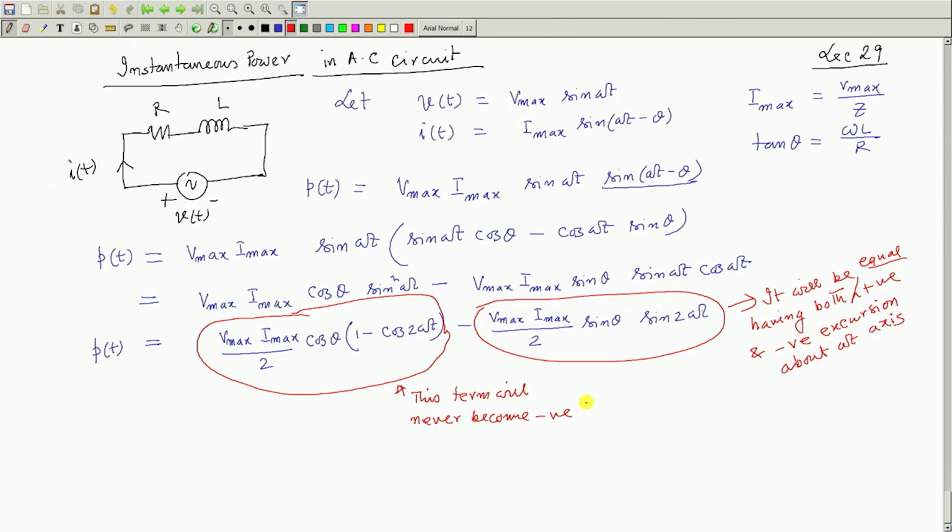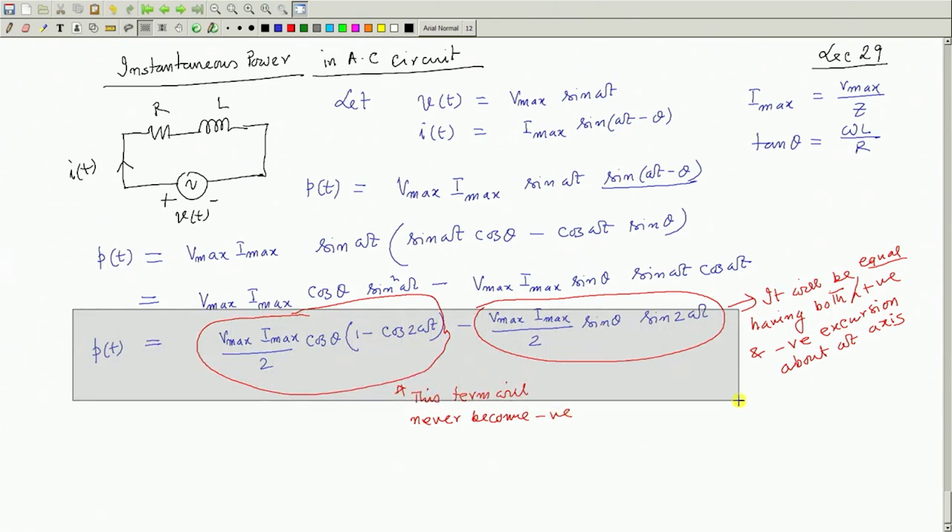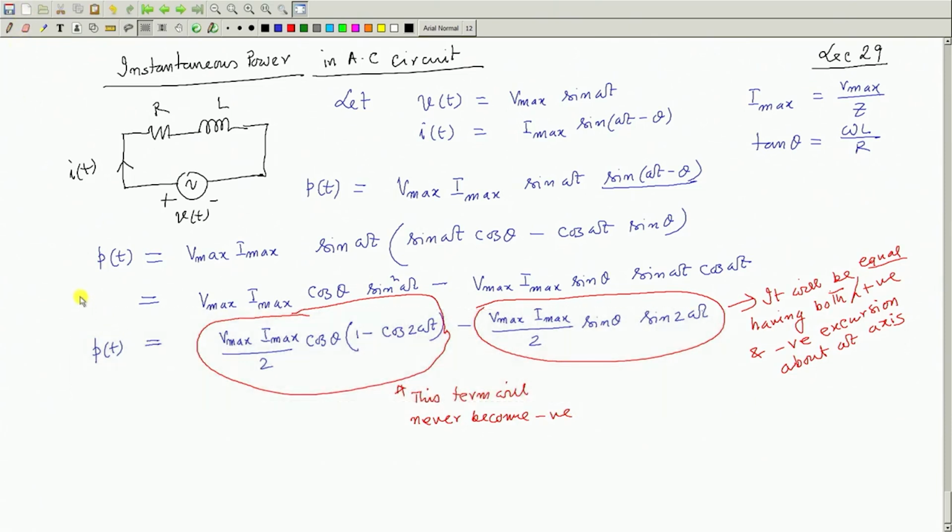Now, this equation helps us to understand much better. Sorry, I will take it from this, copy it and I will paste it here.